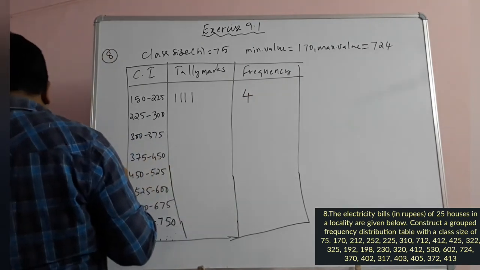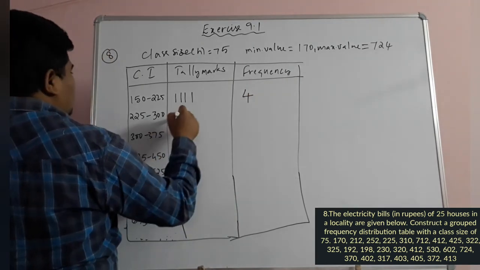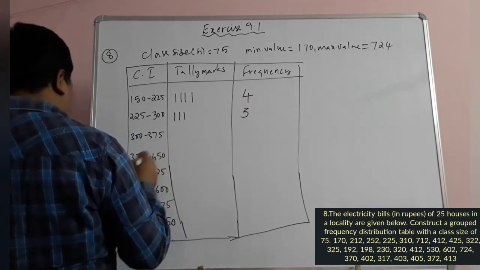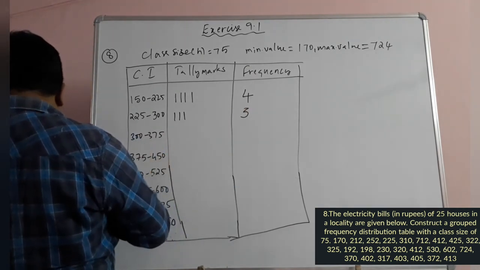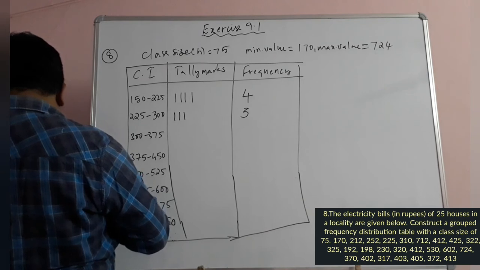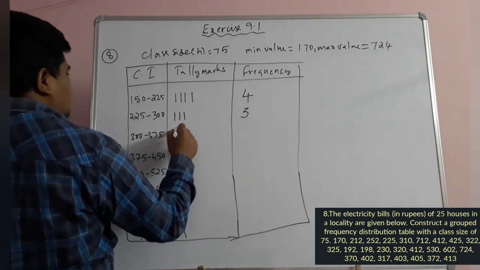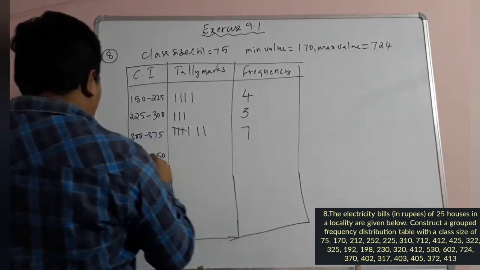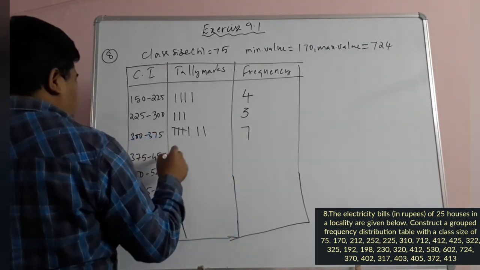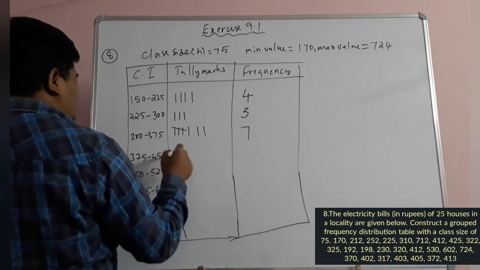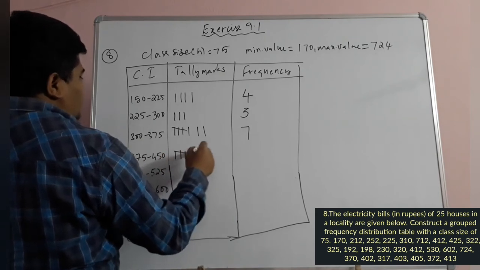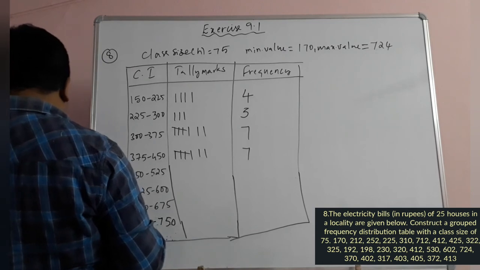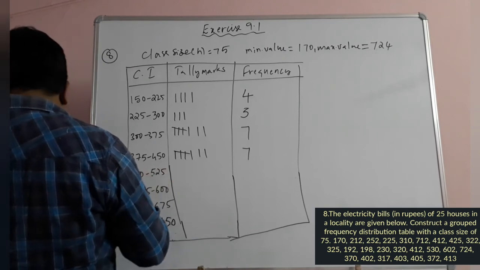Now 225 to 300, there are 3 observations. From 300 to 375, there are totally 7 observations, children. 1, 2, 3, 4, 5, 6, 7. 375 to 450, again 7 observations. Again 450 to 525, no observation is there, children.